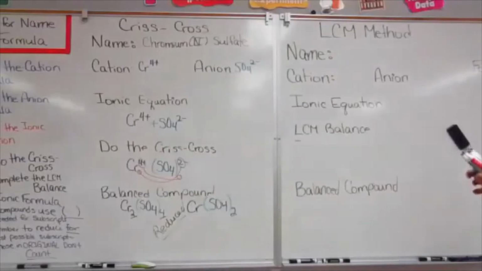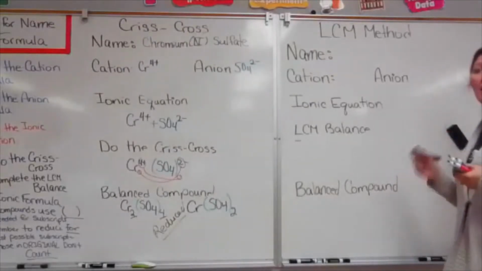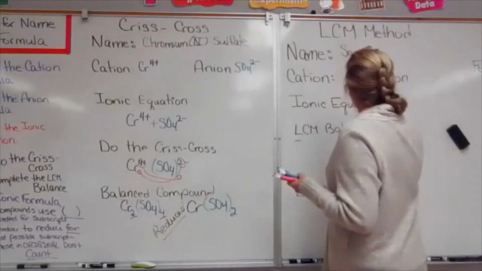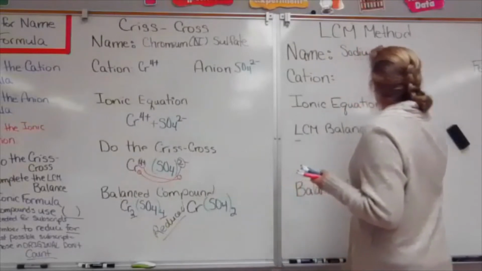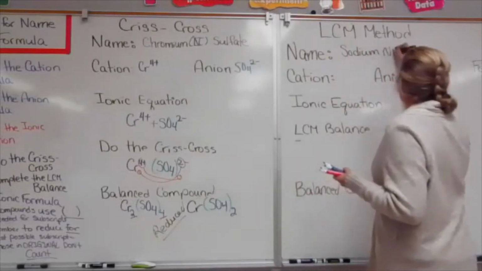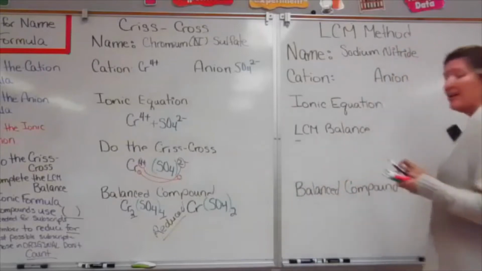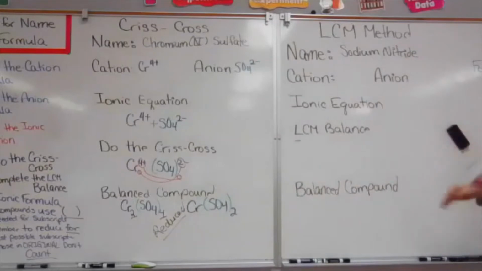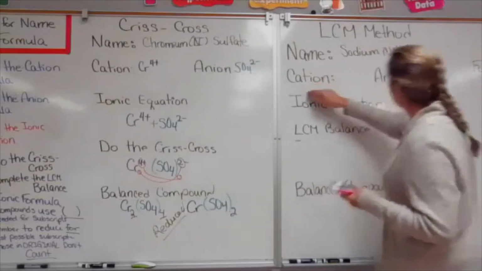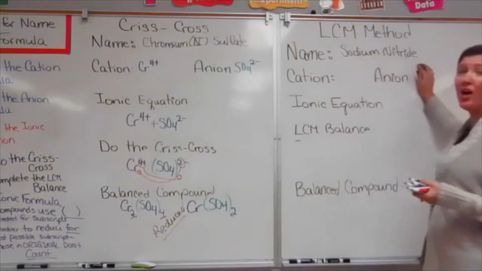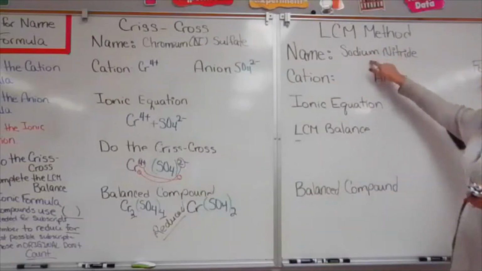Here we go. Let's do another example for the LCM method. For now, we're going to do sodium nitride. Okay, as always, the first thing you do is separate your cation from your anion. When we look at sodium nitride, we know that sodium is the cation for 2 reasons.